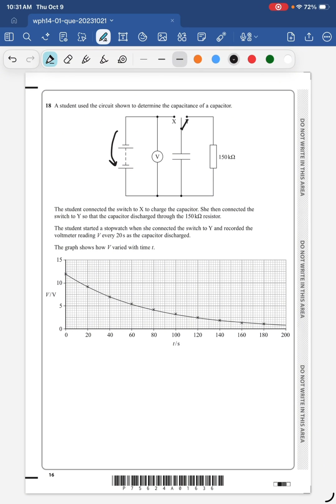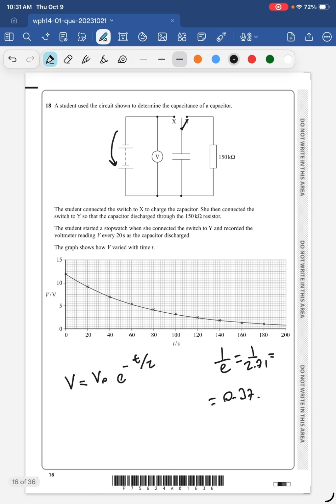The graph shows how V varied with time t. Here we have to recall that V is V naught e to the minus t over tau, where tau is the time constant. The time constant is the time needed for the initial voltage to drop to 37%. And 37% is the value of 1 over e, which is 0.37.